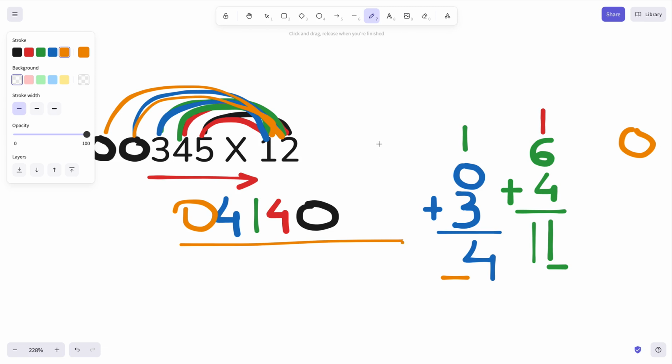Okay, I hope you understood this. I will repeat the steps. Step number 1, because there are 2 digits, you need to add 2 zeros. Step number 2, you start with 5 times 2. Okay, the units place of both the numbers. 5 2s are 10.